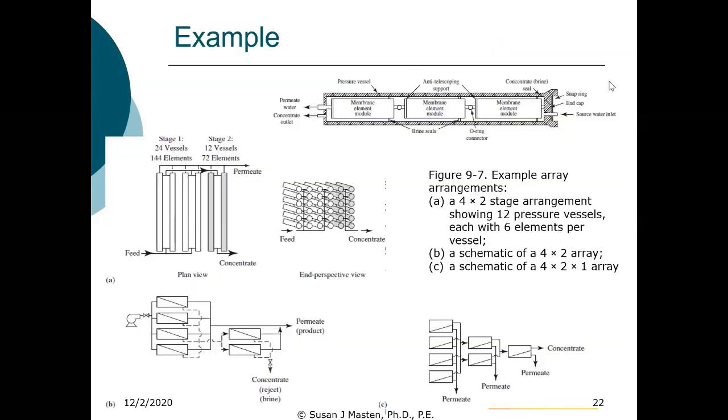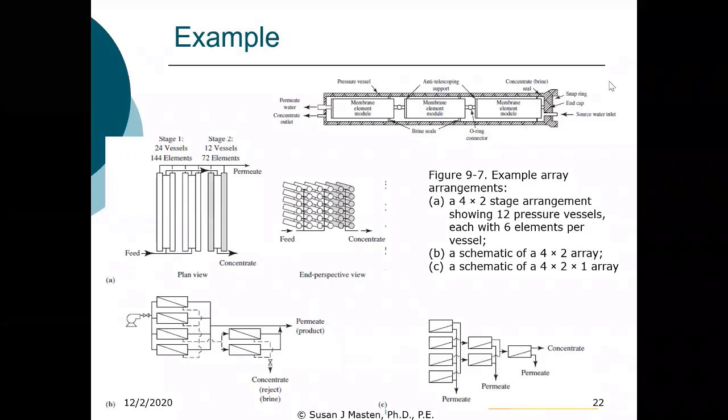What we're looking at now is just how membranes, and these typically are spiral wound membranes, are organized into a membrane system. And what you see here, and let's just look at the end perspective, are, again, light granular filtration membranes.